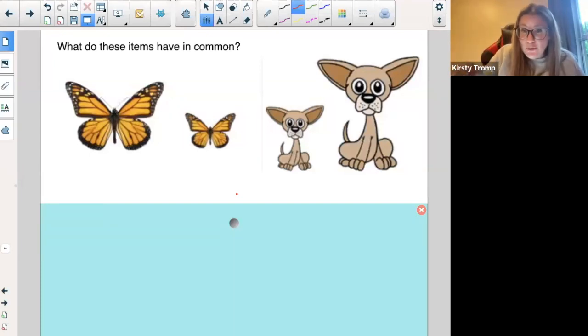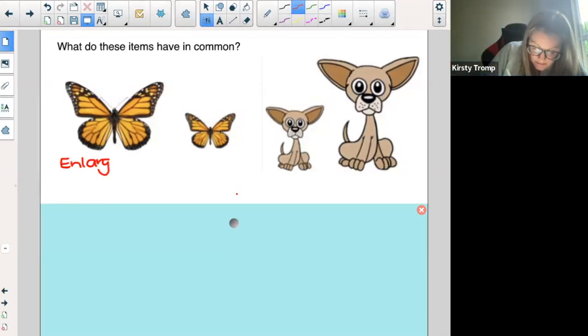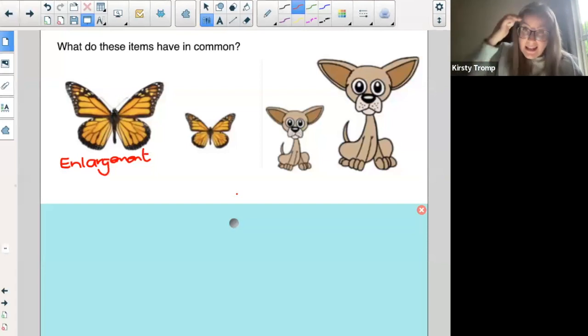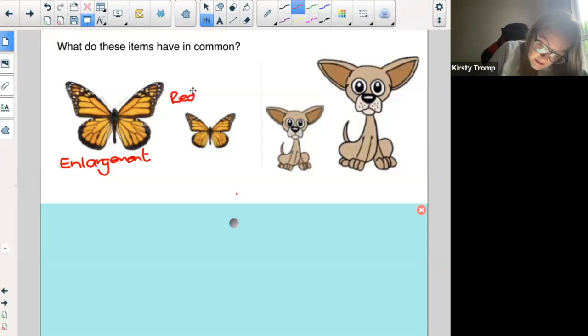So it's this shape here, right? I would call that the enlargement. Okay, so that would be my enlargement. And this teeny tiny butterfly on the right, I would call the reduction.